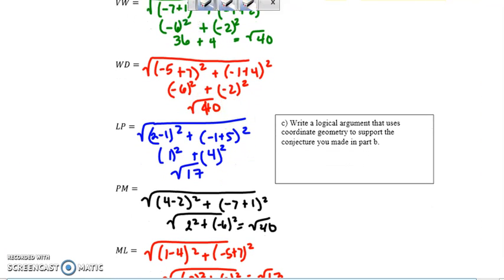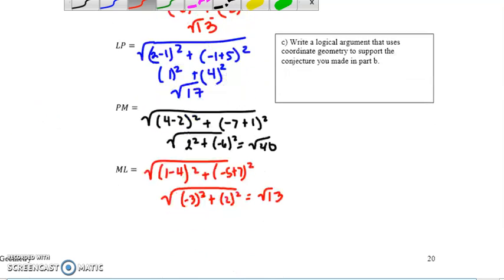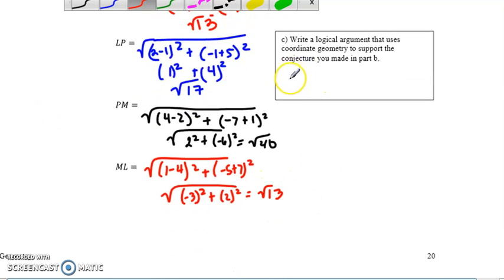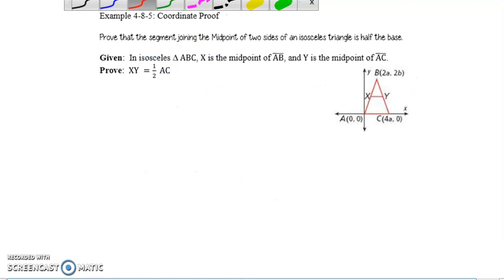I was wondering where our square root of 13 was. I think I got that in the wrong spot, but that is the square root of 13, which then matches our last side there. So all the sides match, and triangle DVW is congruent to triangle LPM by side, side, side. So we can use the distance formula to prove that.